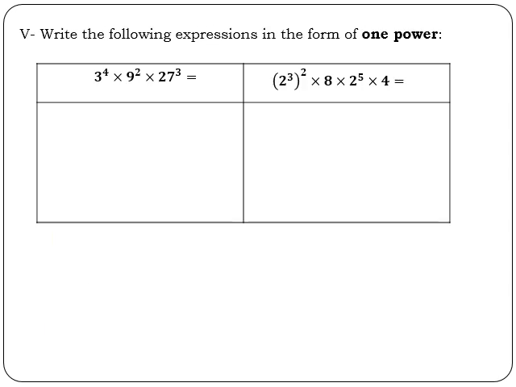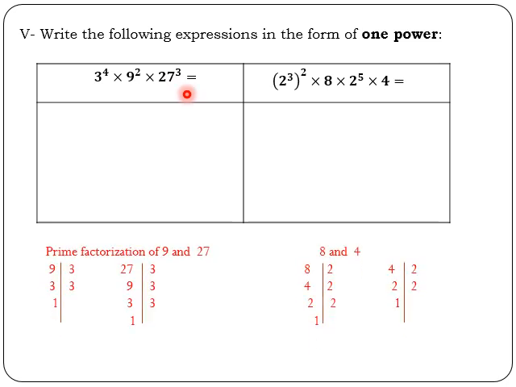Number 5, write the following expressions in the form of 1 power. I have to write, for example, 2 power something, 3 power something, according to the given numbers. Here I have 3, 9, and 27, so let's write the prime factorization. 9 is 3 squared. 27 is 3 cubed.